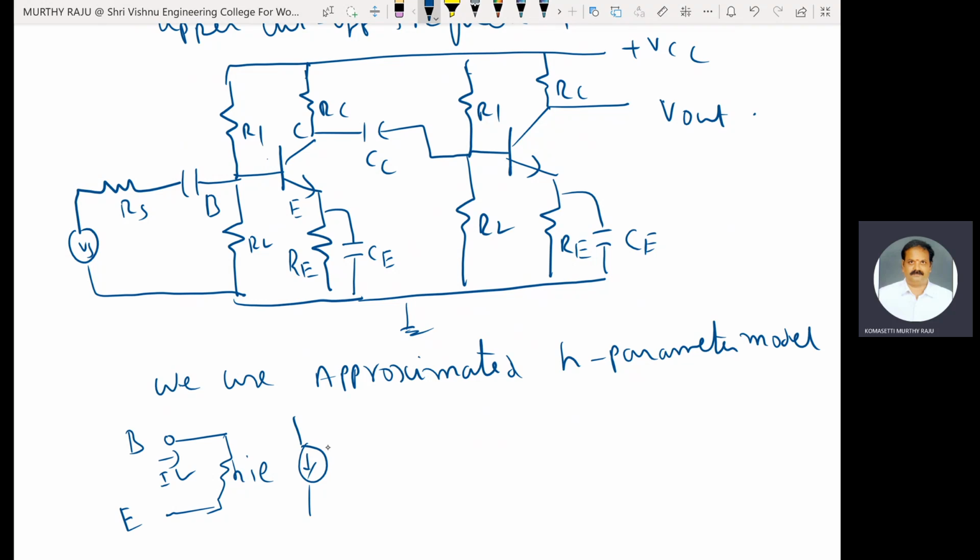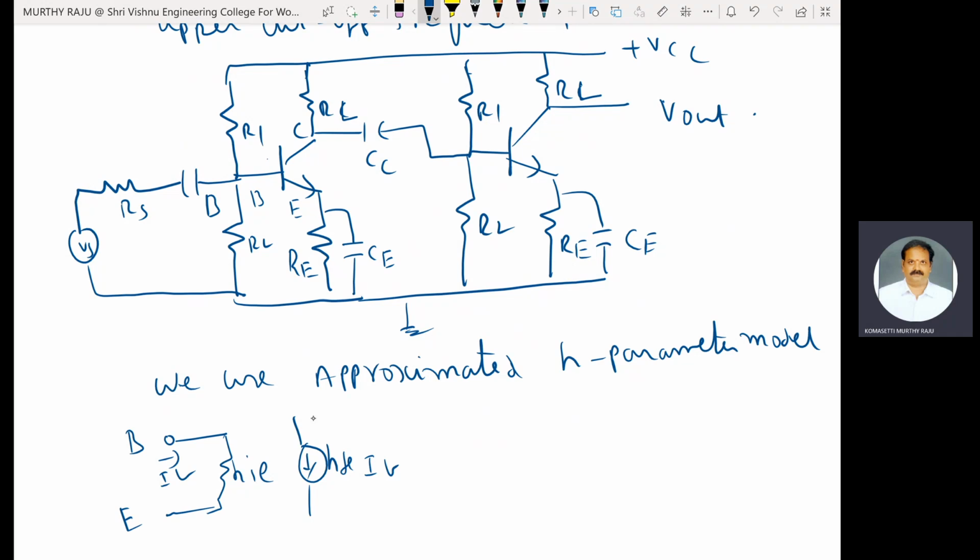For stage 1, HFE IB. This is the load resistance RL. Two biasing resistances R1 and R2 are connected to base and collector; we need not consider them here at the input side.